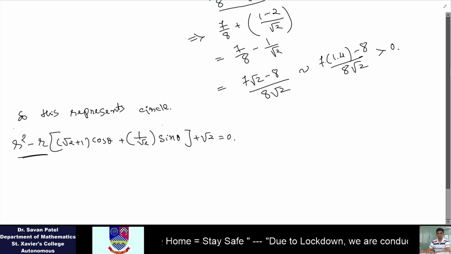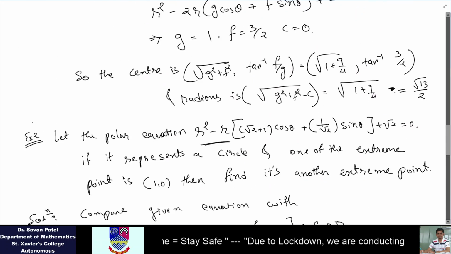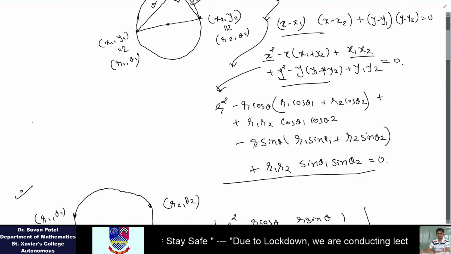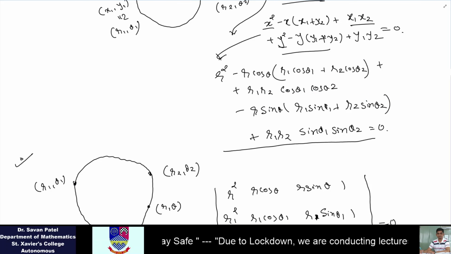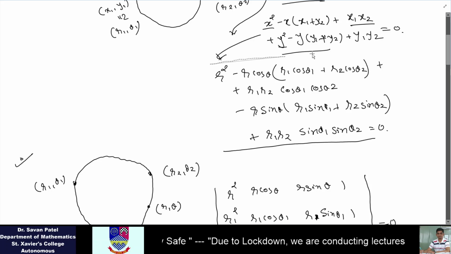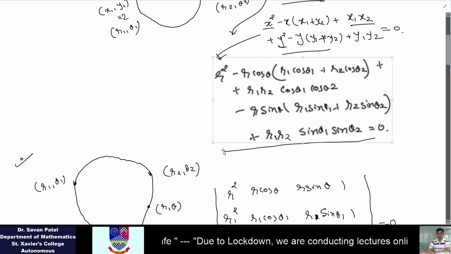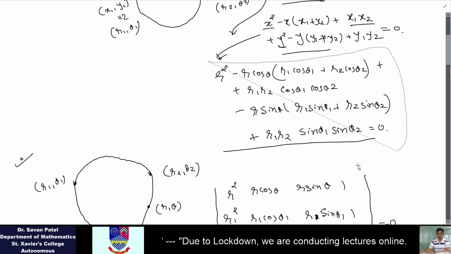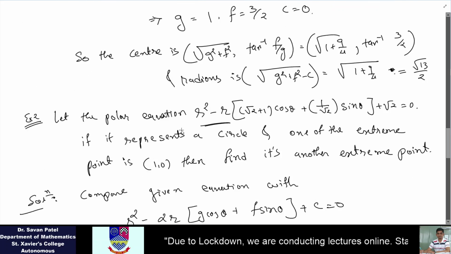Now, if I write my general equation from the polar form, in terms of r1, r2 and cos theta 1, theta 2, this is my equation. I am keeping that with me.